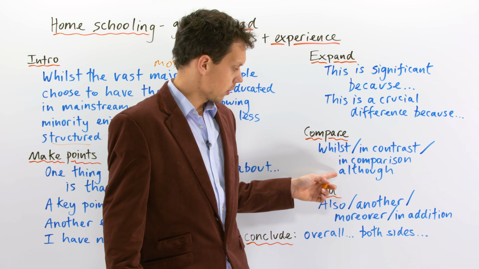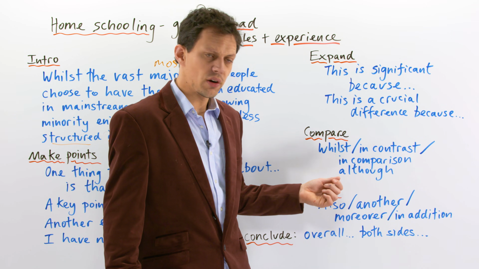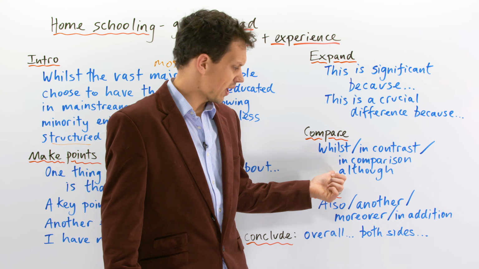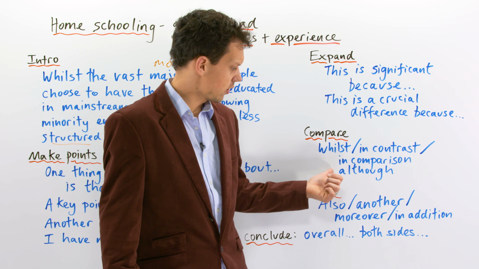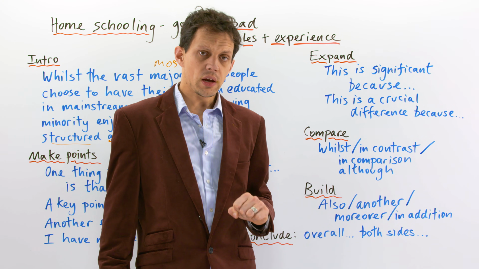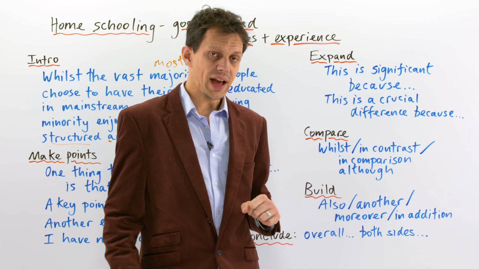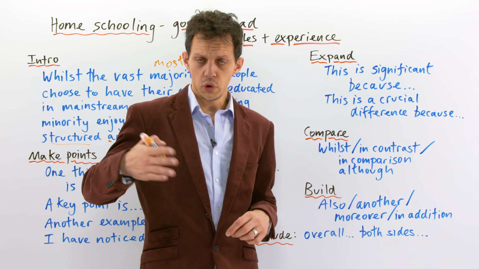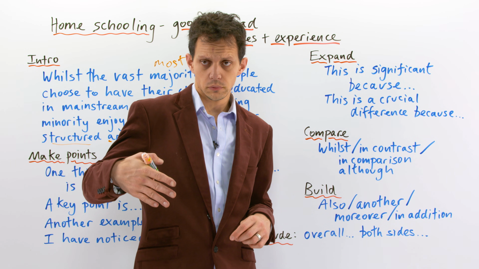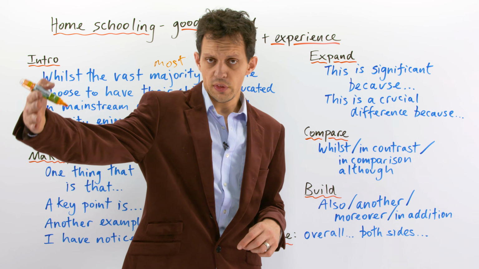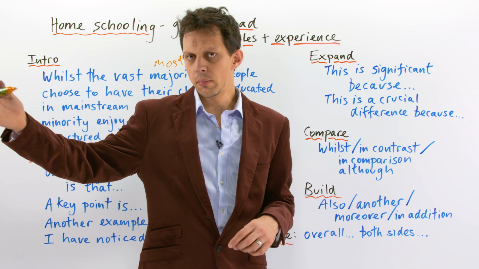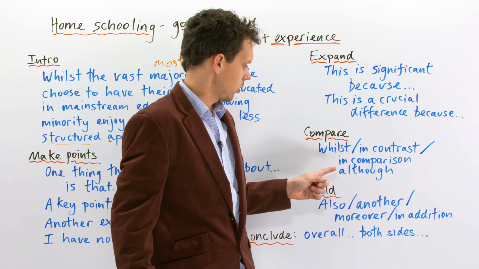Although, okay, so this sort of shows that there is a change. It's good to have this at the beginning of a sentence. Although students in mainstream education have access to theatres and swimming pools, not many of them will be using those facilities after 3 p.m. when most children go home.